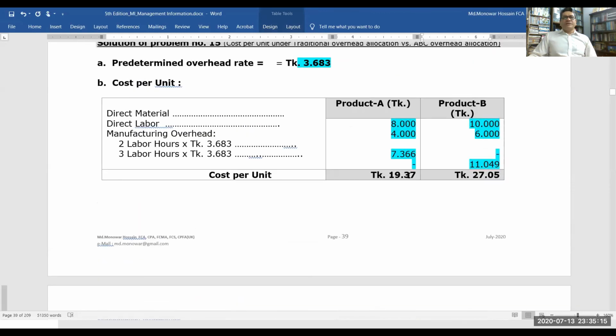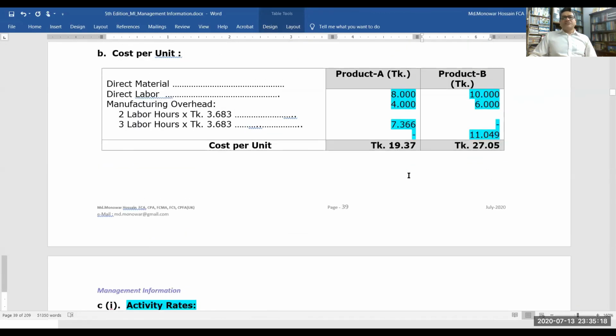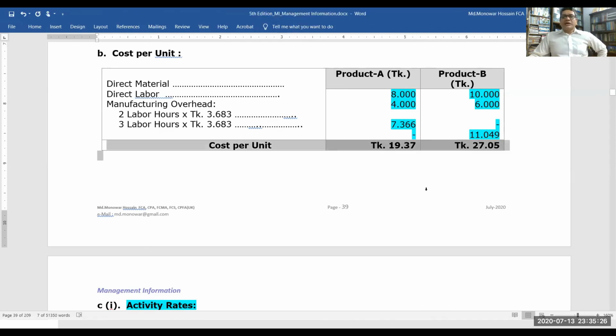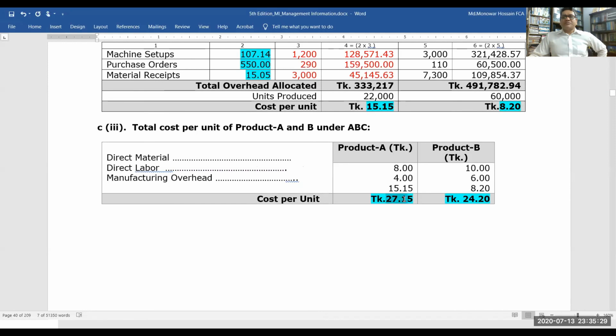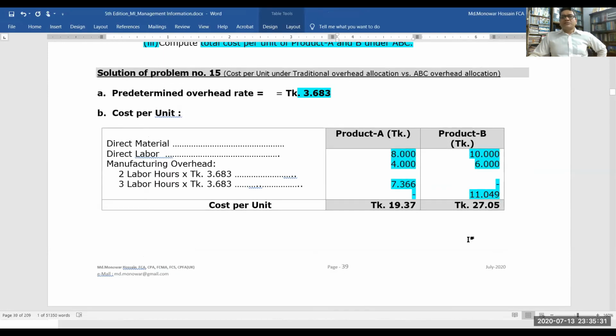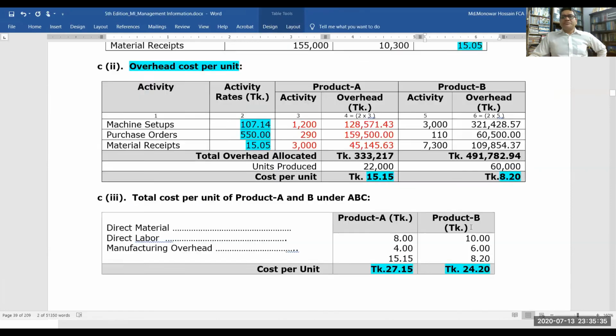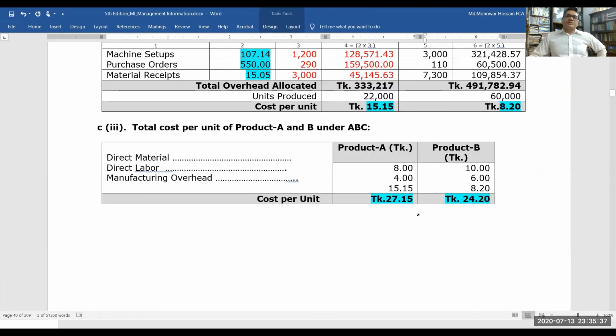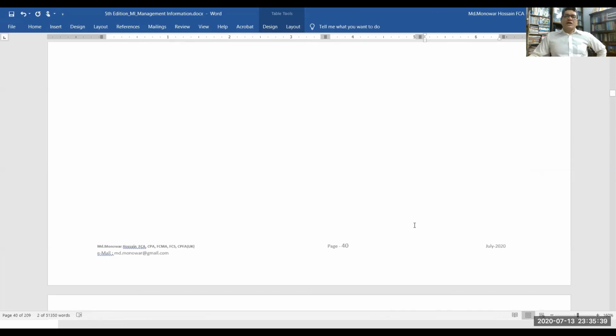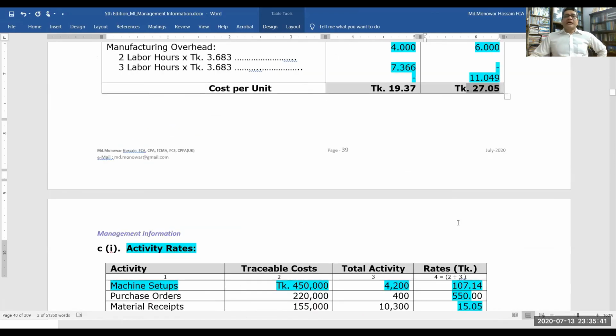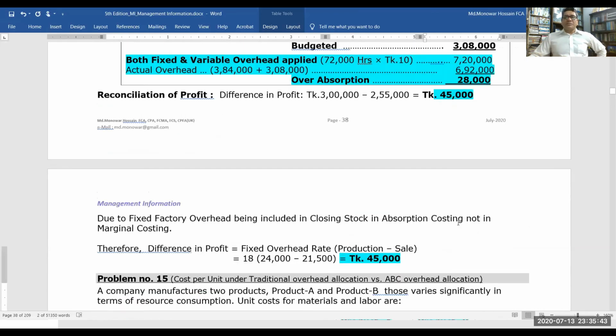If we compare, based on traditional costing product A is 19.37, but based on activity it is 27.15. And for product B it is 27.05 and now 24.20. So there is some difference here. So management can rethink the selling price of the product.